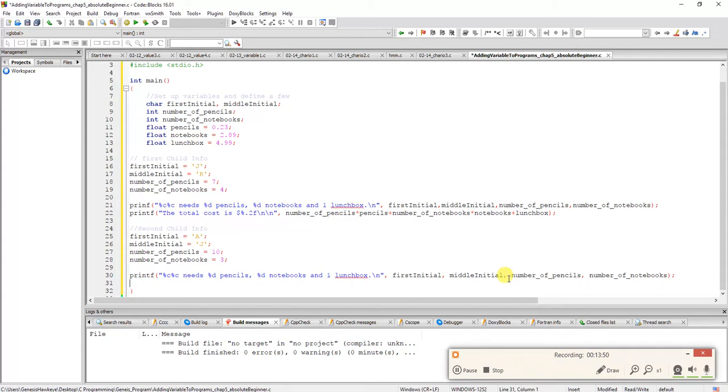That's what we want it to say, what he needs, and now we want it to calculate. The total cost is $, percent, with 2 decimal places after the floating point.